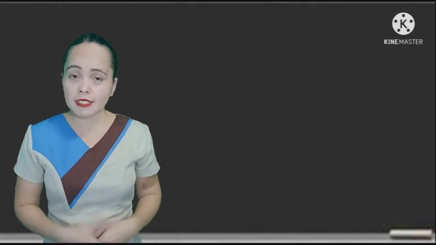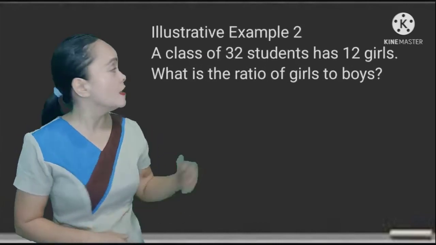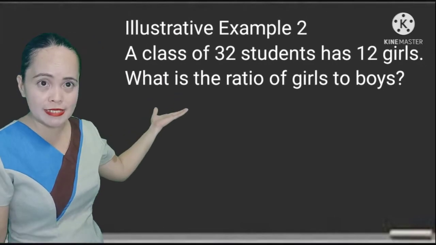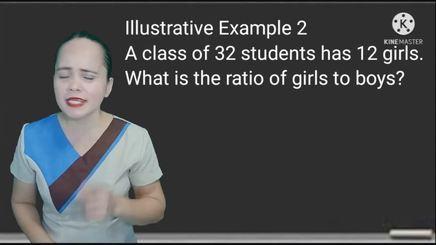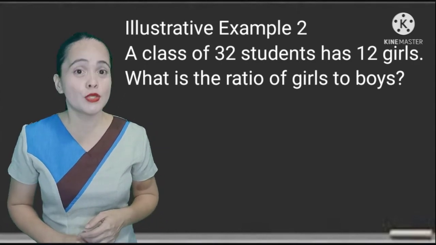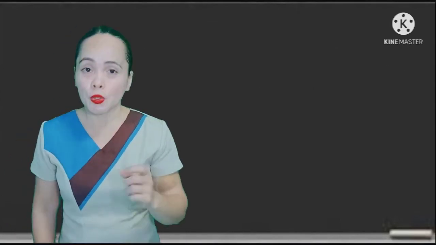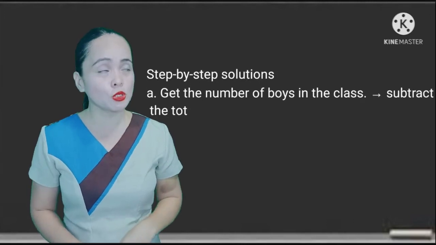Now let's proceed to illustrative example 2. Class, please pay attention. A class of 32 students has 12 girls. Now, what is the ratio of girls to boys? Now, here's the step-by-step solutions.